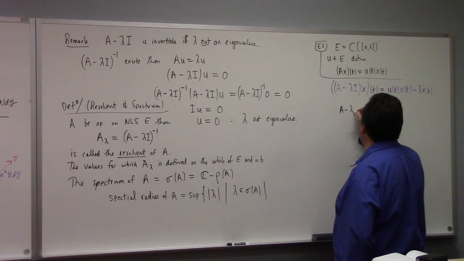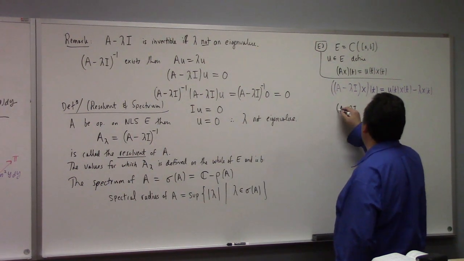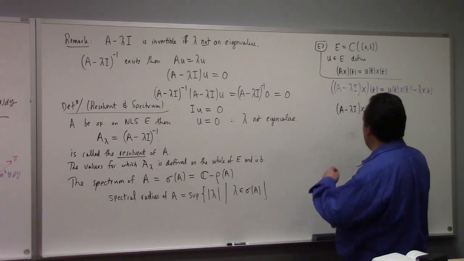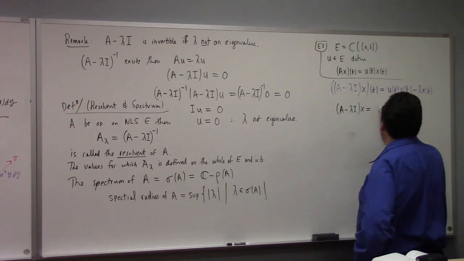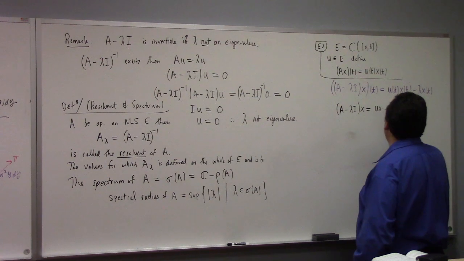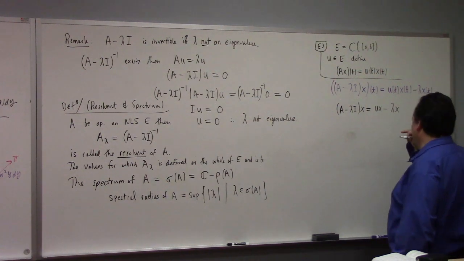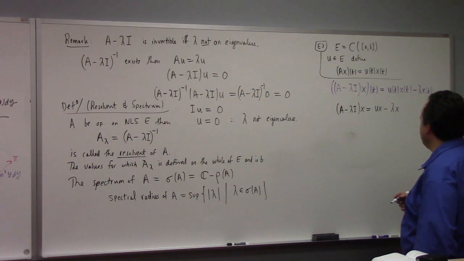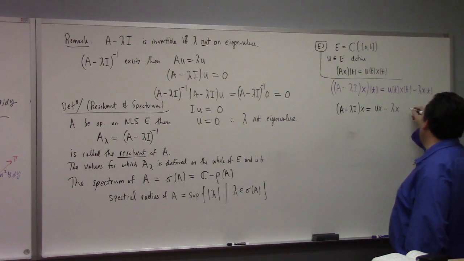So I've got A minus lambda I times x is equal to ux minus lambda x, and this is equal to y.